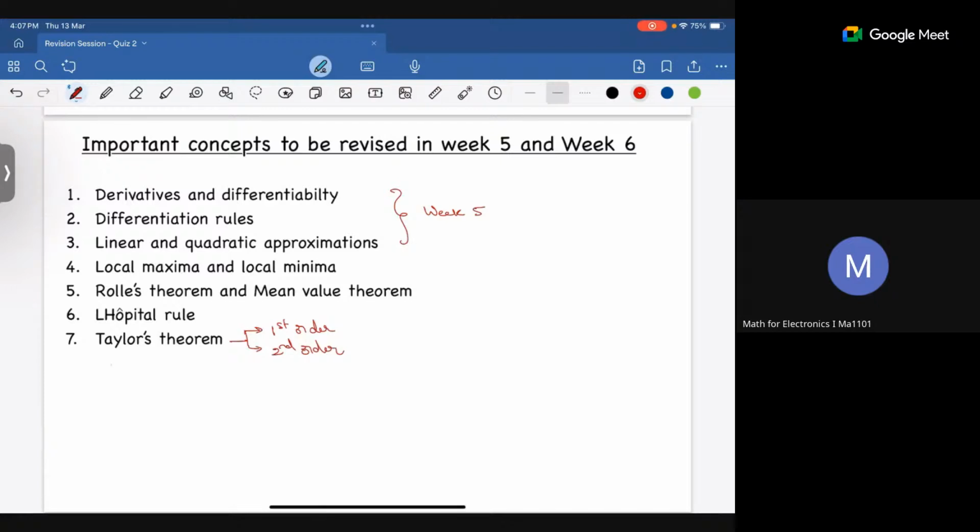You should know the Taylor series expansions or approximations. First order and second order Taylor series approximations are sufficient. This will cover week 6. These are the important topics that you have to revise for weeks 5 and 6.